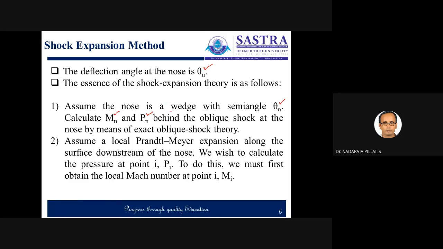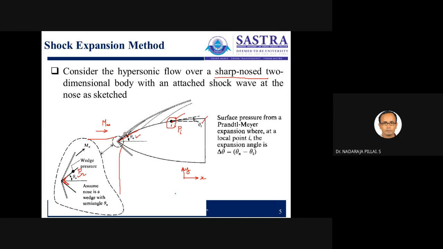If we want to do this, first we need to calculate the Mach number at the point I. If we know the Mach number at the point I, then we can calculate the pressure Pi at point I.